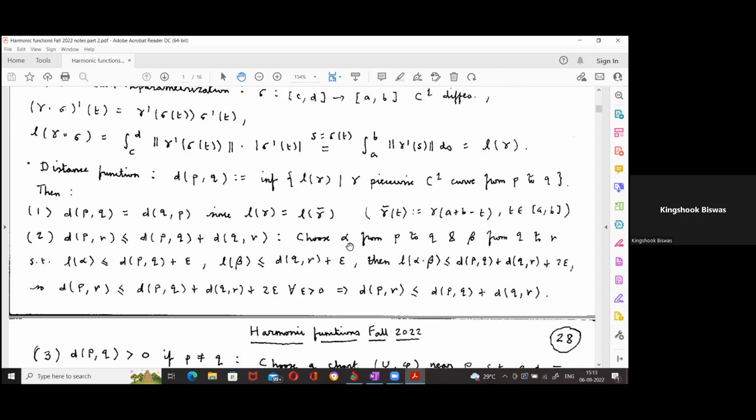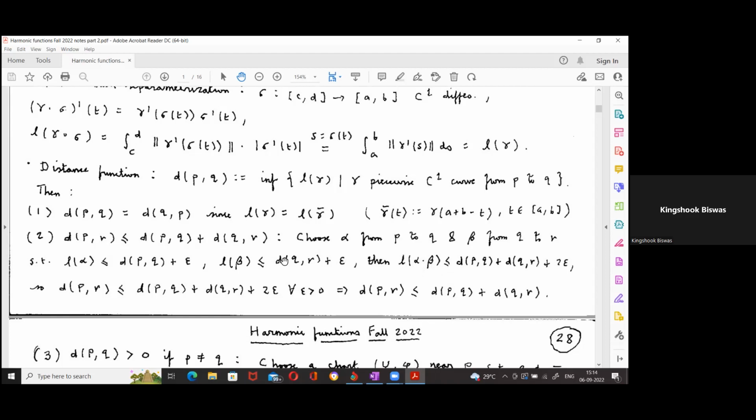So then I just concatenate the two curves. I look at alpha dot beta. That is a curve from P to R, which is piecewise C1. And the length of alpha dot beta is just the sum of the lengths. And so that's going to be less than or equal to d(P,Q) plus d(Q,R) plus 2 epsilon.